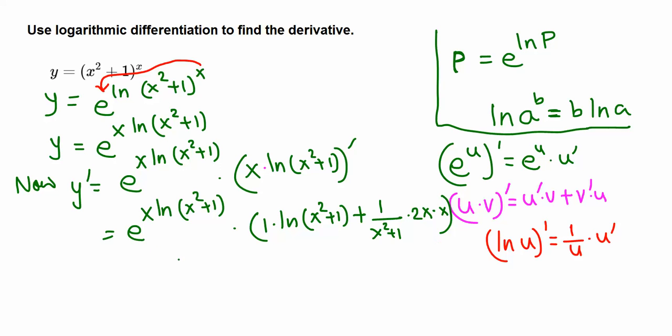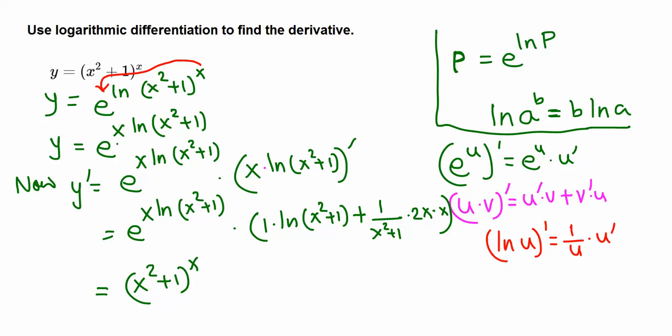You may leave it here, or if you want to simplify, in fact this e raised to x natural log of x squared plus 1, if you go back, then you get the original function. So you may leave this, or if you move x to the top, e and natural log cancel, so (x squared plus 1) raised to x.